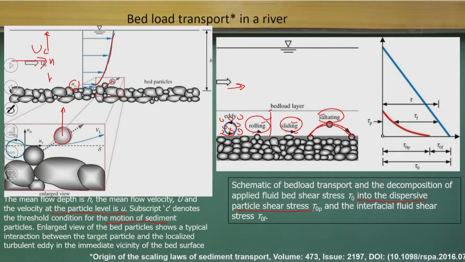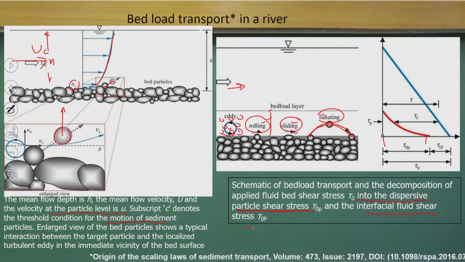That is what is acting because of the turbulent structures, as the particles are moving near the boundaries. We will have the dispersive particle shear stress, and also the interfacial fluid shear stress. Let us try to understand it.